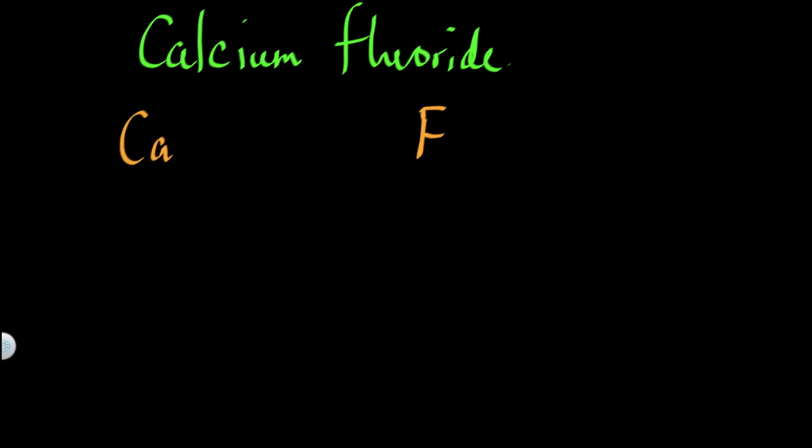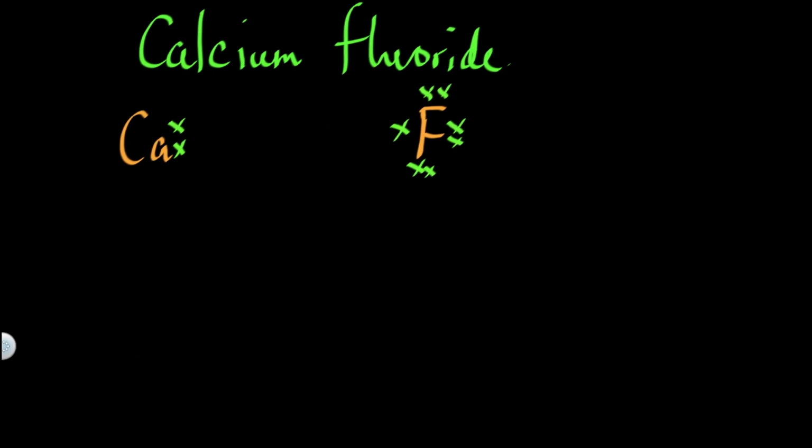The fluorine atom is in group 7, so it has 7 valence electrons, whereas calcium is in group 2, it has 2 valence electrons. Calcium wants to lose these so that it can become like the previous noble gas, which is argon, by the way. And fluorine wants to gain 1 electron so that it becomes like the next noble gas, which is neon.